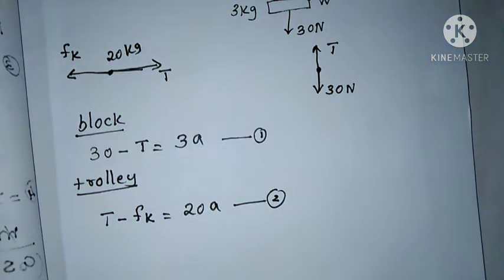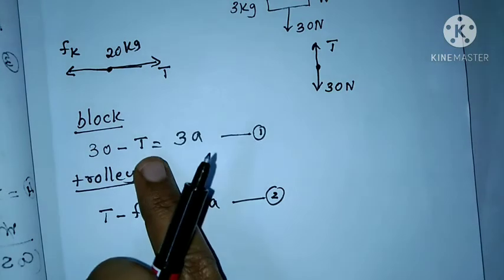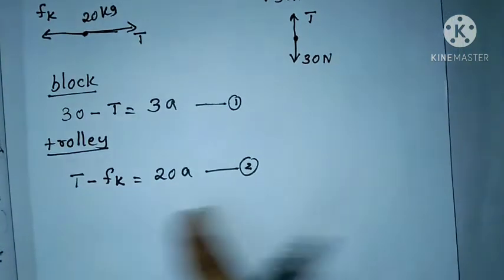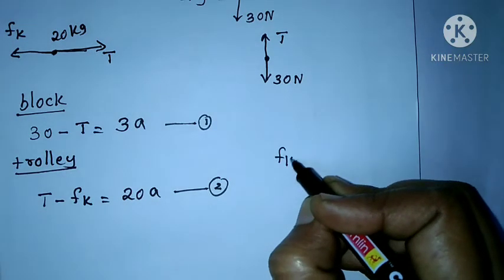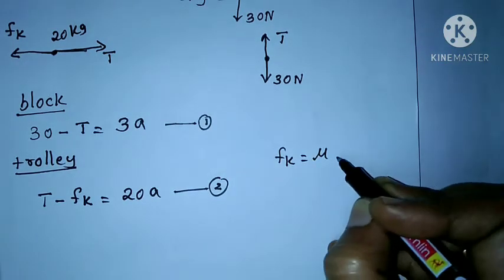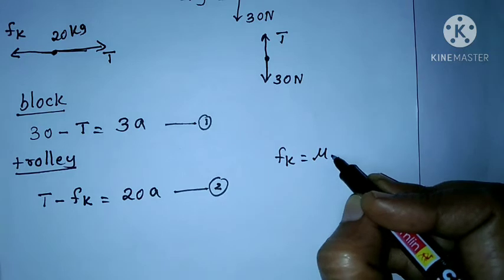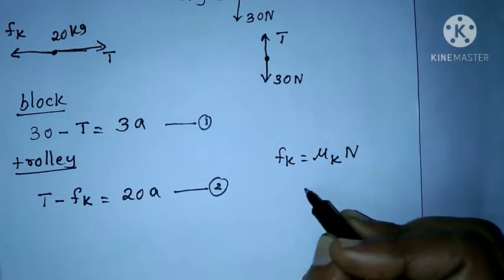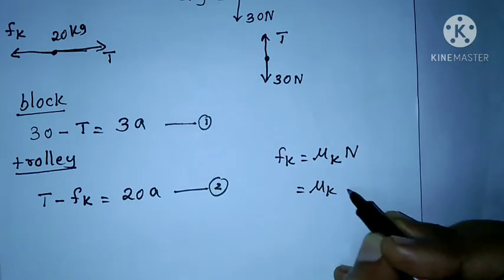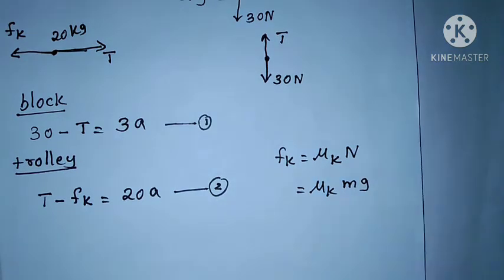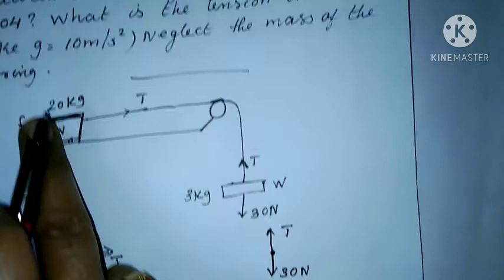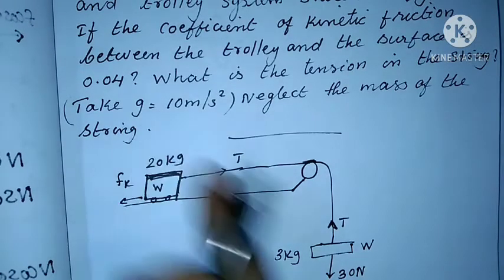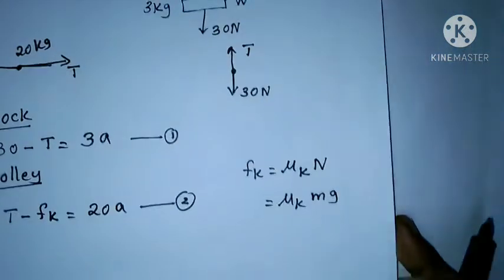Then, to find the acceleration and the tension, we need to find Fk. What is the formula? According to the law of kinetic friction, Fk equal to mu k into N, where N equals mg. Mu k is given in the question, 0.04, the coefficient of kinetic friction.